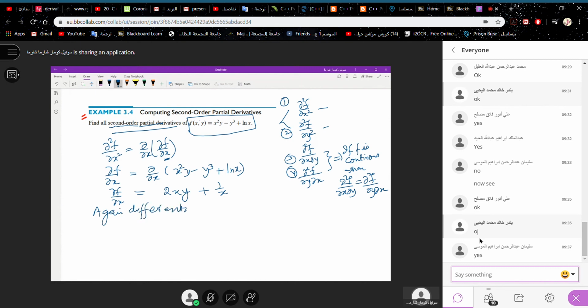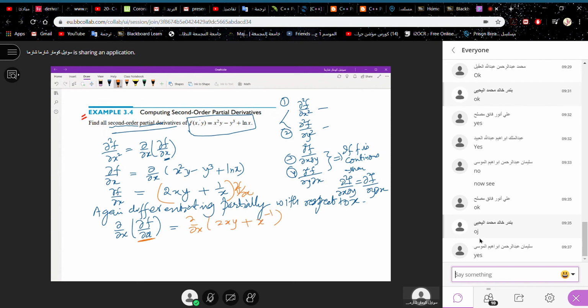Again differentiating partially with respect to x, so del upon del x of del f upon del x. And this is the value of del f upon del x, so just plug in here. So del upon del x of 2xy plus x to the power minus 1.